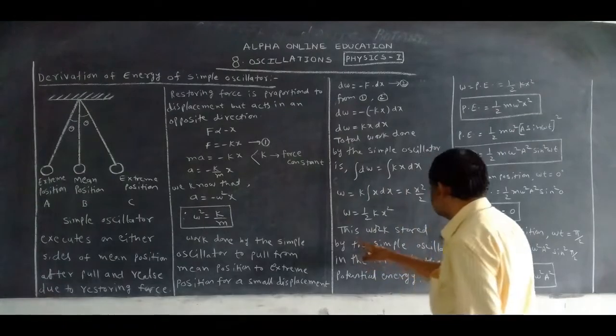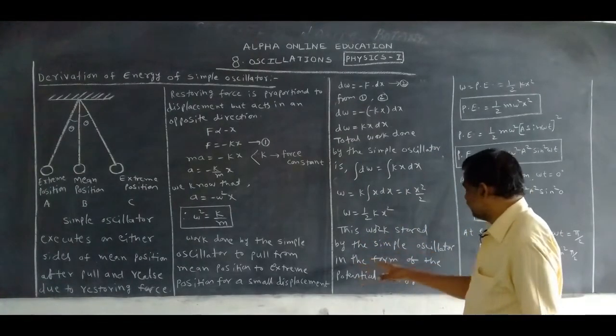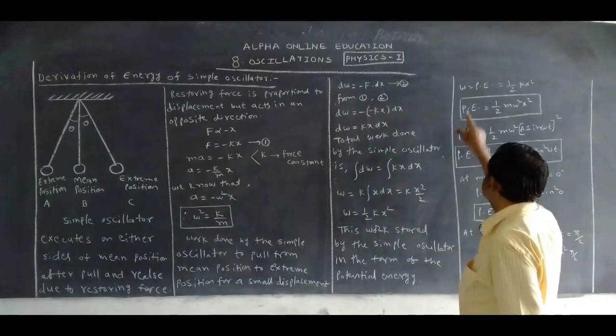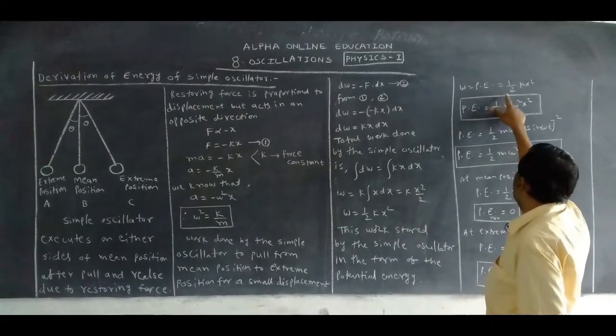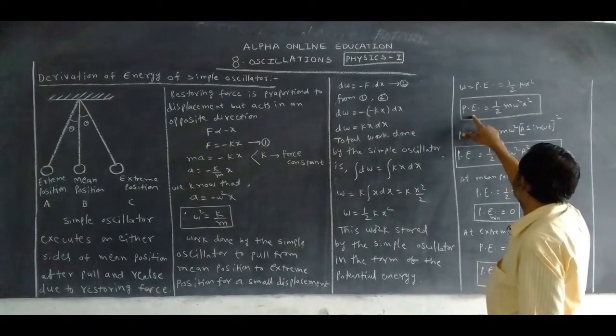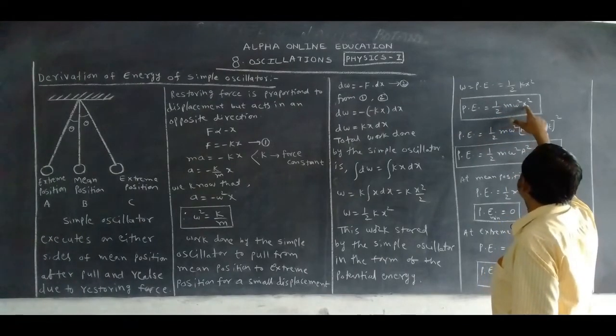So W is equal to potential energy is equal to half kx square. So potential energy is equal to half m omega square x square.